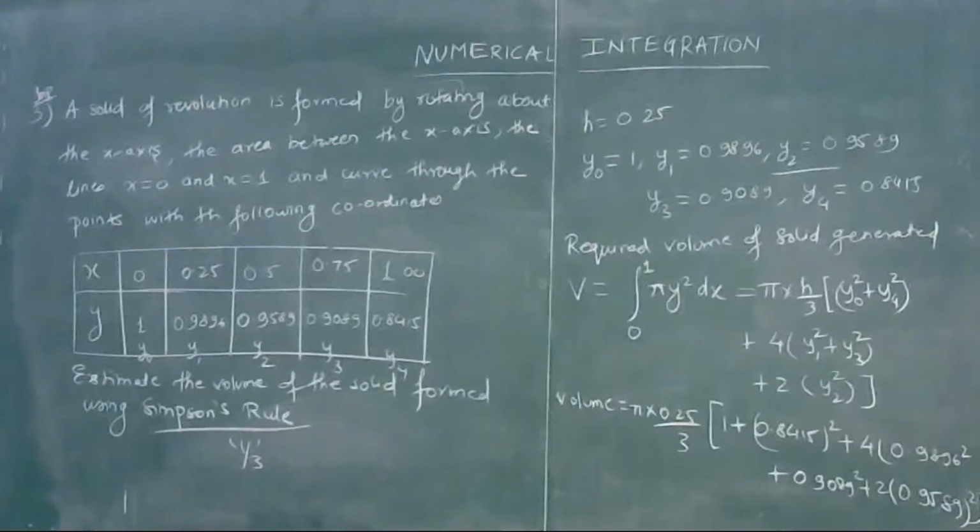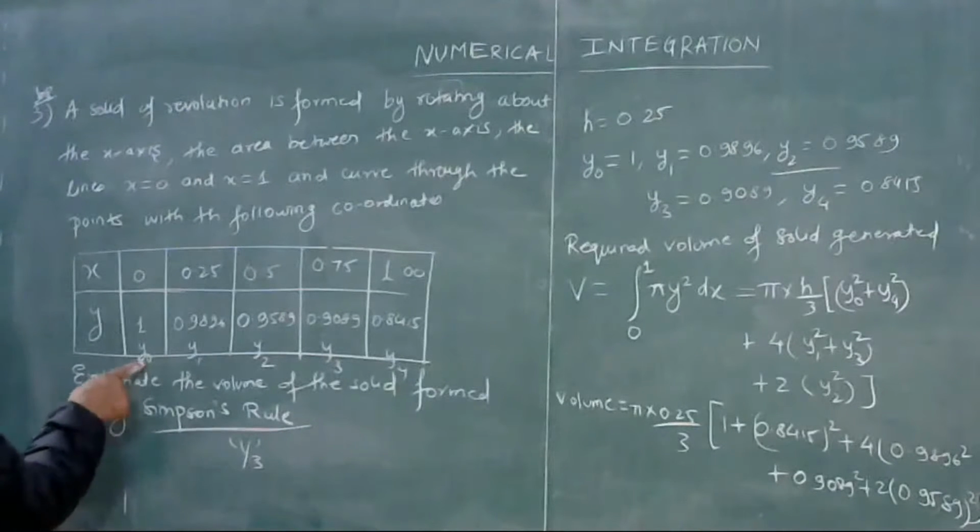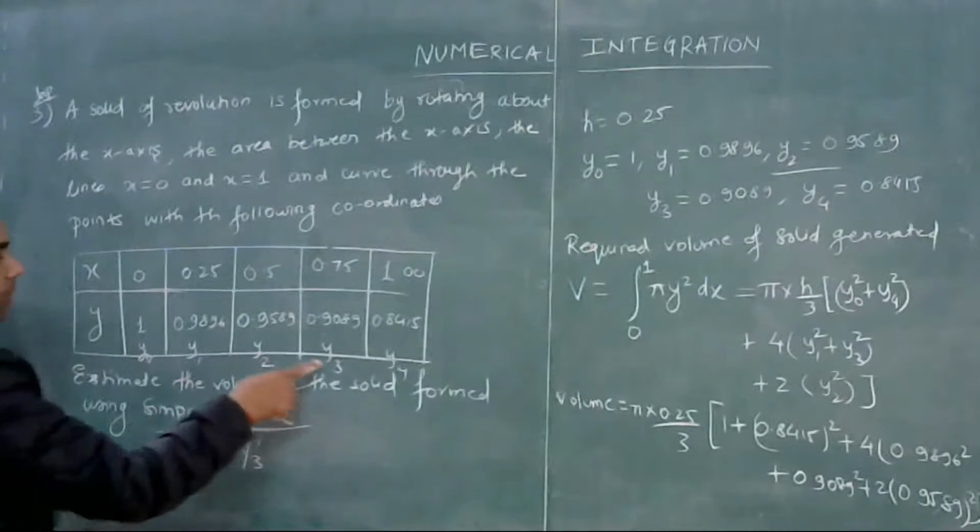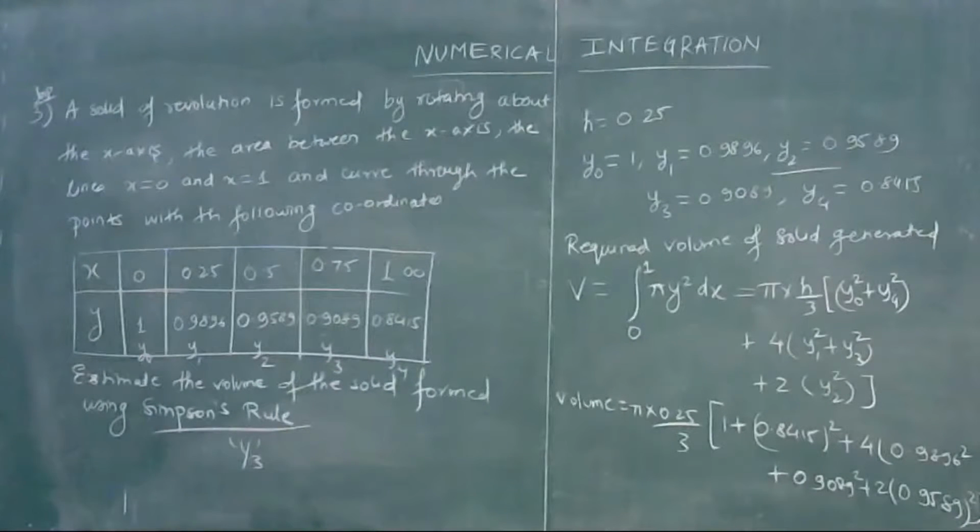Okay. Start from y0, y0, y1, y2, y3 and y4, simple.